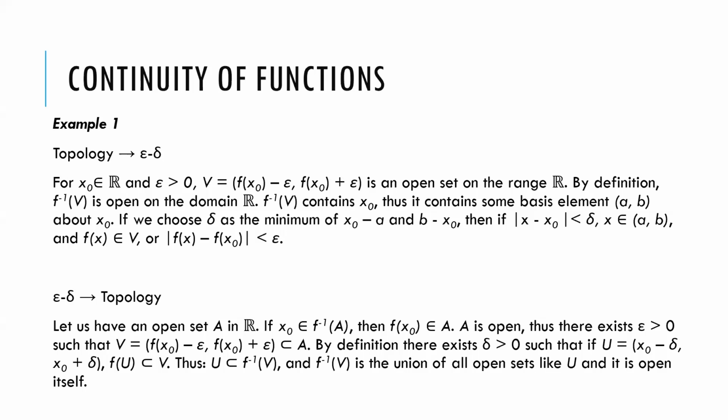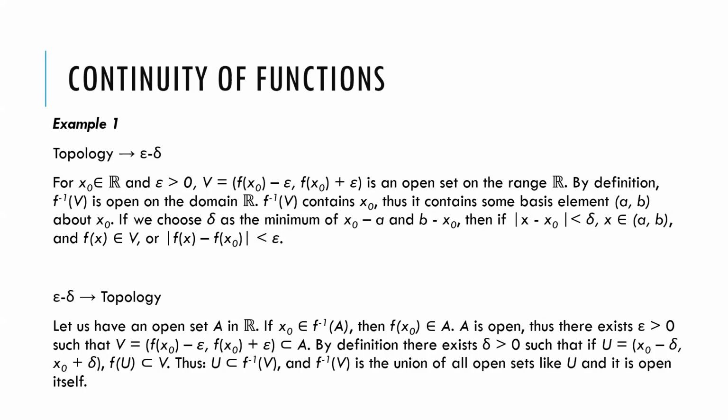And by definition, its inverse image will also be open in the domain of the function. So the inverse image of V would contain x0. Thus, it would also contain some basis element (a, b) about x0.